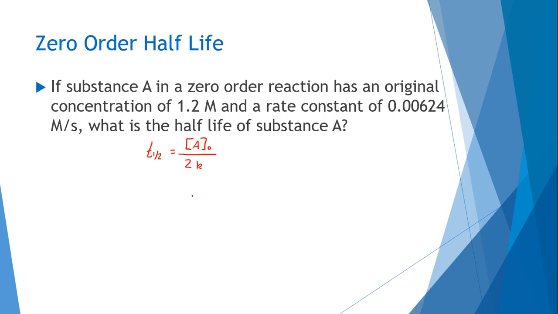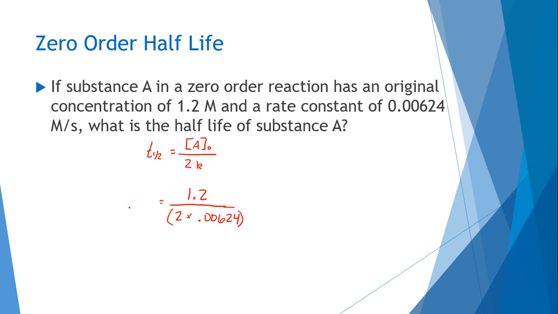It says my original concentration is 1.2, so we're going to plug in 1.2. Then it says my rate constant is 0.00624, so that's my K value, and I need to multiply it by 2. So 2 times my K value, 0.00624.